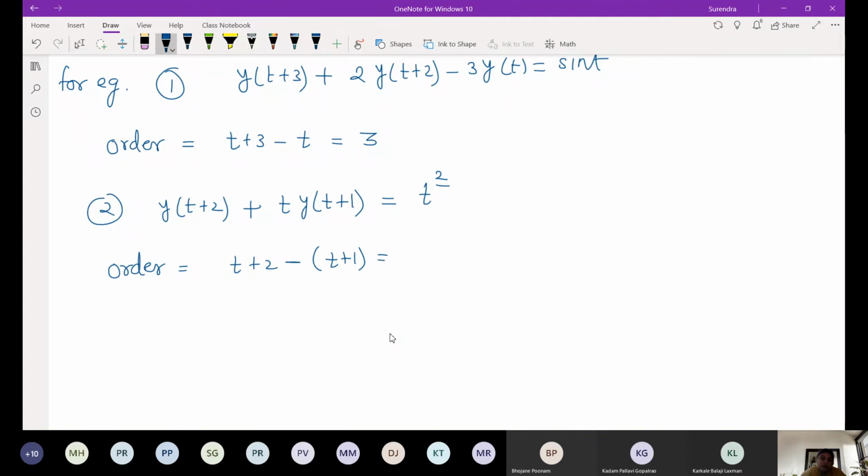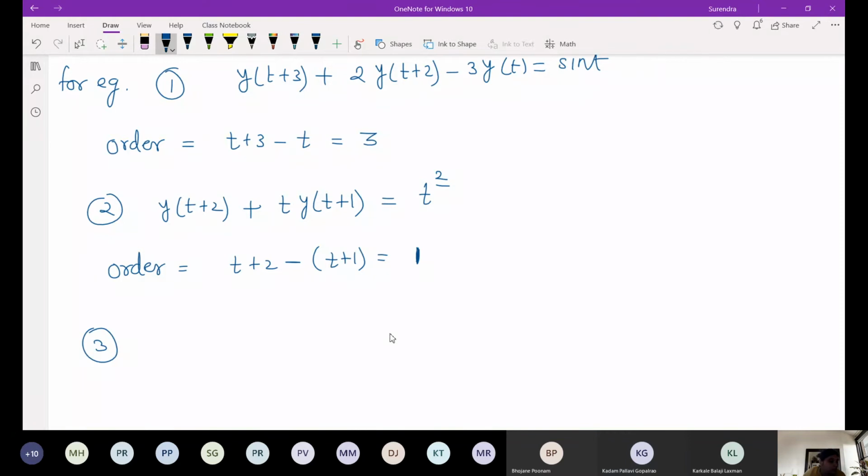What is the order? 1. It is 1. So it does not depend upon t plus 2, t plus 1 and all that things. We have to subtract lowest order argument from highest order argument. Is that okay? Yes, ma'am.